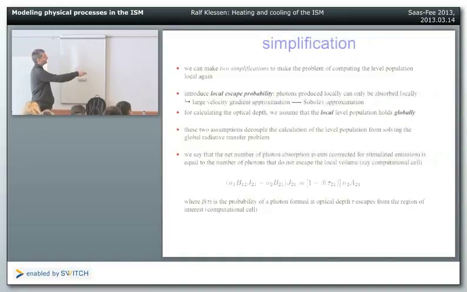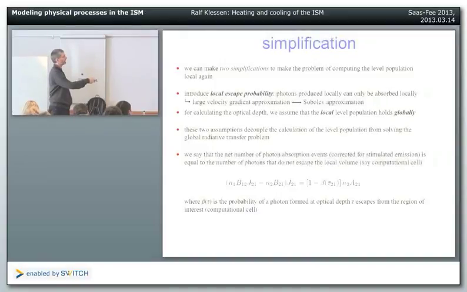We can say, I try to make this local, I define a local escape probability. This is also often called large velocity gradient in its most simple form, or also called Sobolev approximation by the guy in Russia who did the same thing. Also, we assume that the local level population also holds globally.